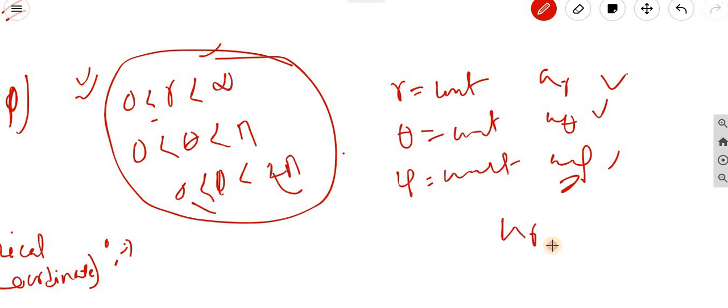That means a r, a theta, and a phi, these unit vectors, are mutually perpendicular.